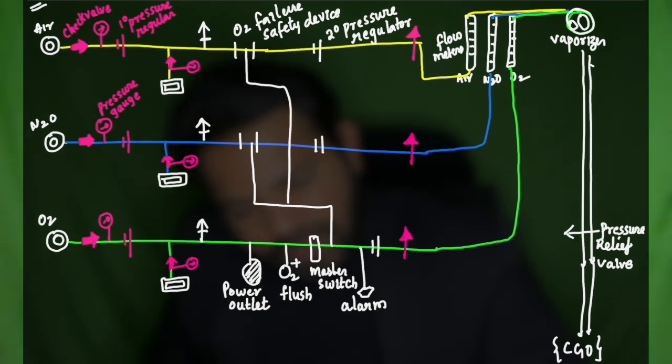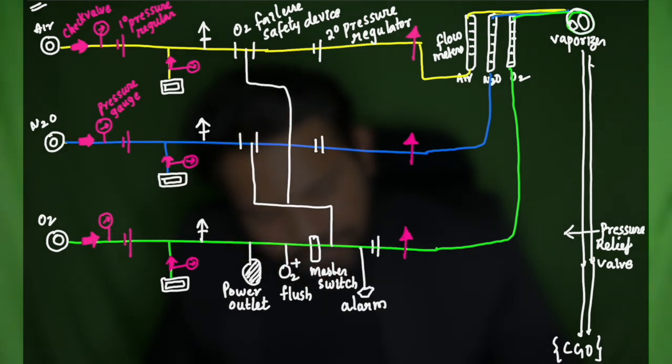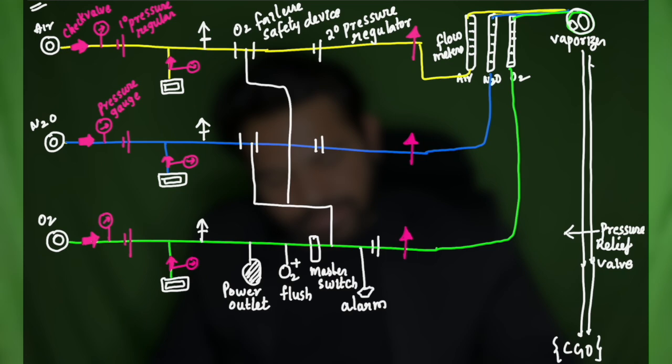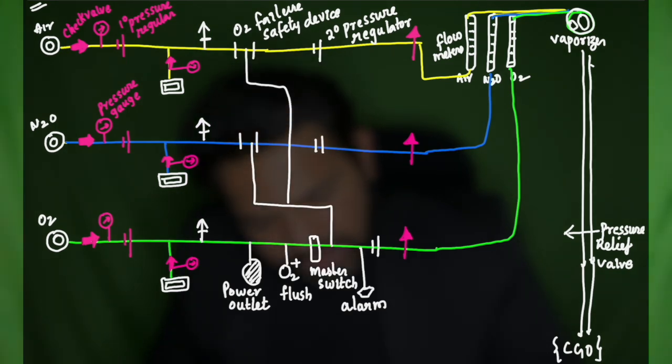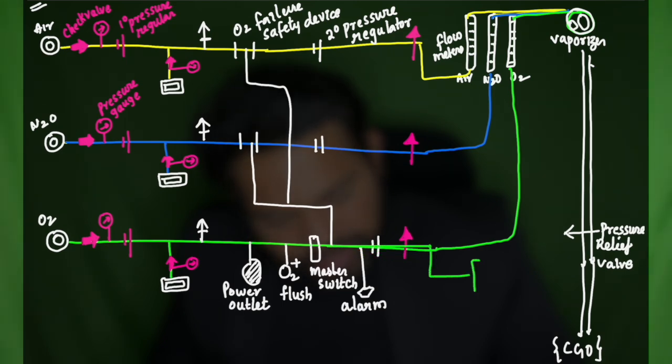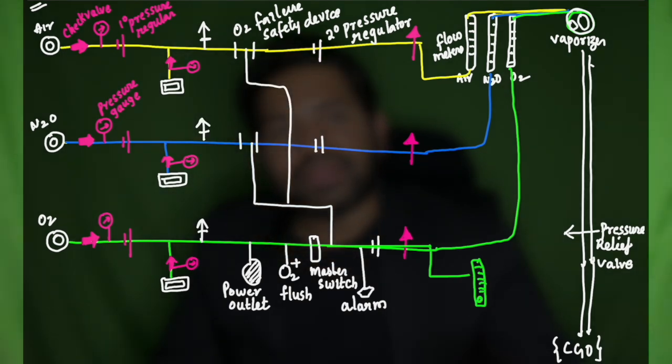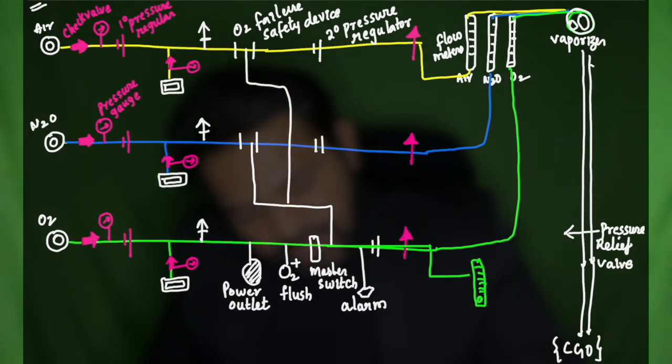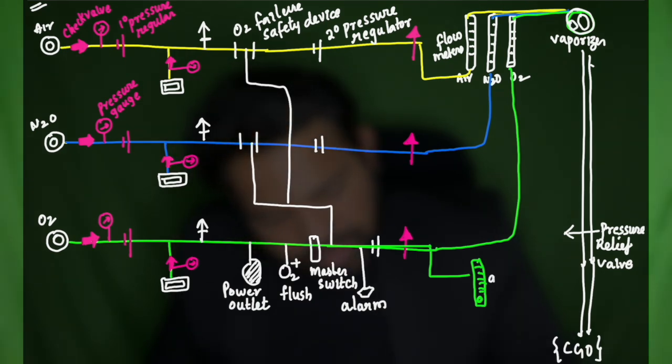Alright. Remember one thing. From the oxygen pipeline, there is also an auxiliary supply to something called the auxiliary oxygen flow meter.